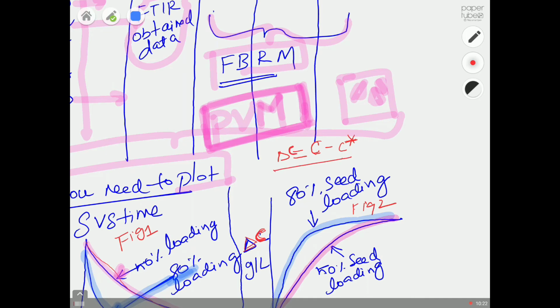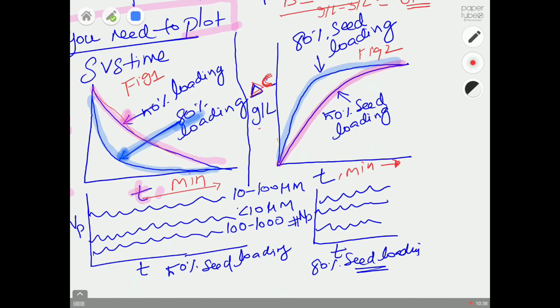The unit of concentration is grams per liter minus grams per liter, so whatever value you get will be in grams per liter. So in figure 2, you have to plot delta C expressed in grams per liter versus time on the x-axis.